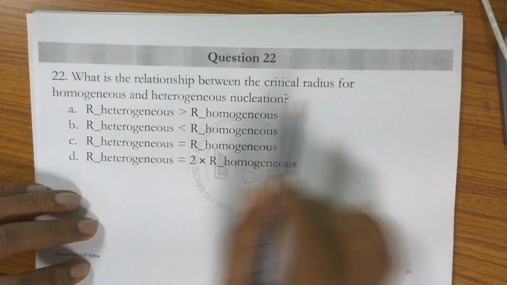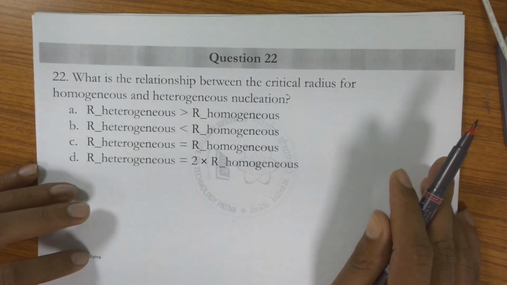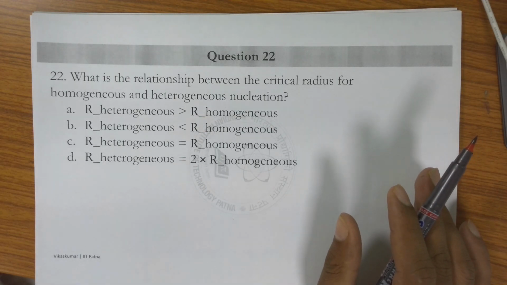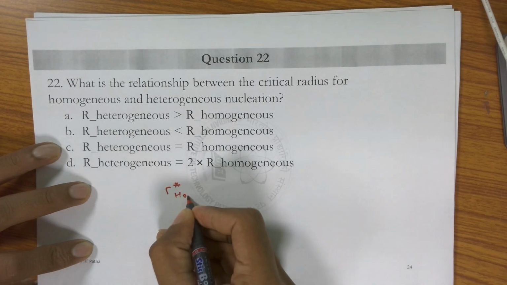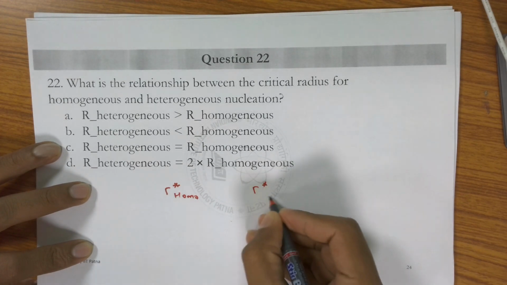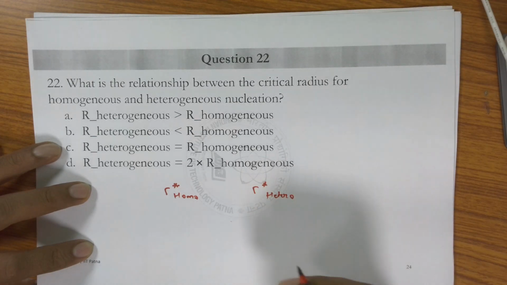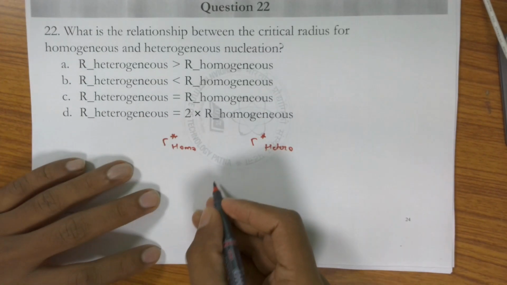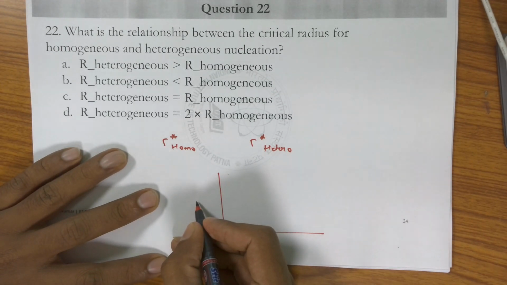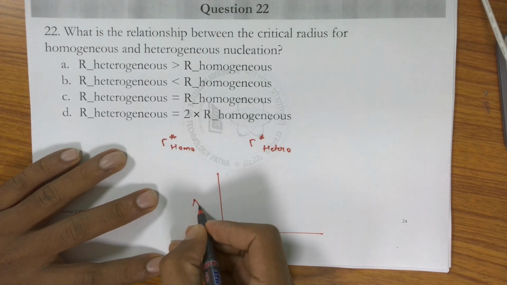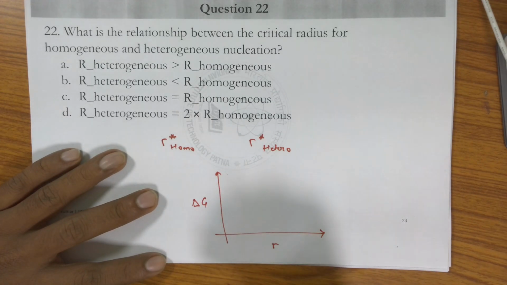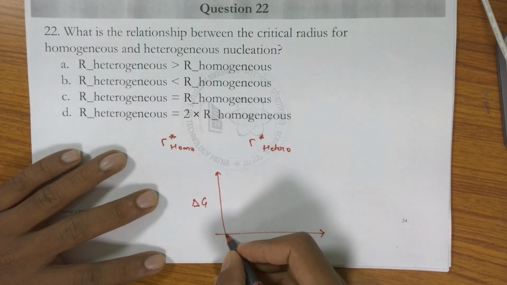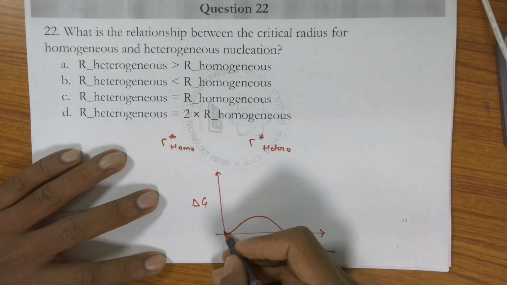What is the relation between the critical radius for homogeneous and heterogeneous nucleation? They are talking about R star for the homogeneous and R star for the heterogeneous. When we talk about the critical radius, delta G and R, here we saw that there was no discussion about homogeneous and heterogeneous.